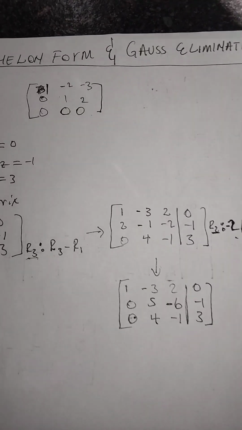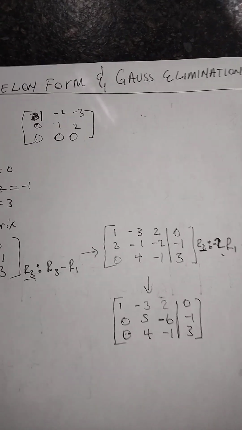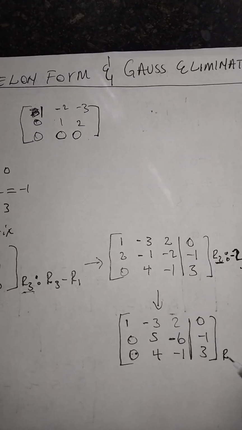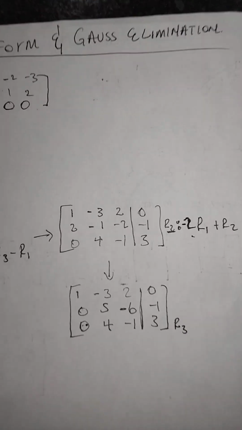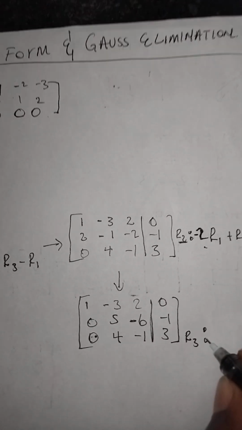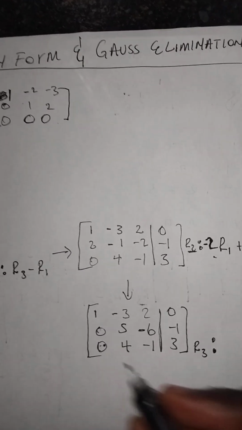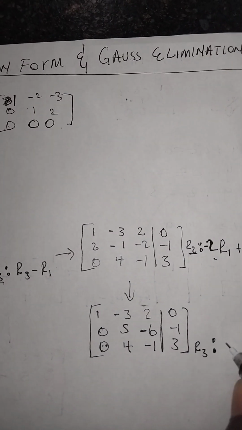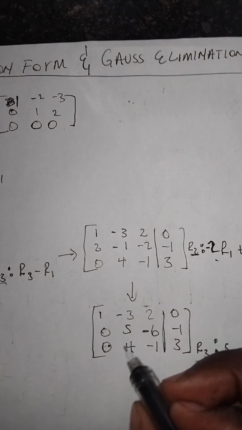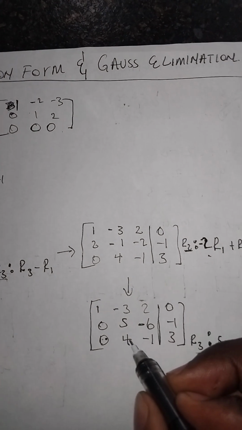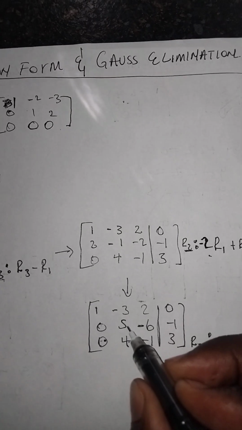The best thing that we can do is to apply the operation on row 3 in the following way. We can multiply row 3 by 5, since we want to obtain a 0 there, and we see that we have a 4 and a 5 there.